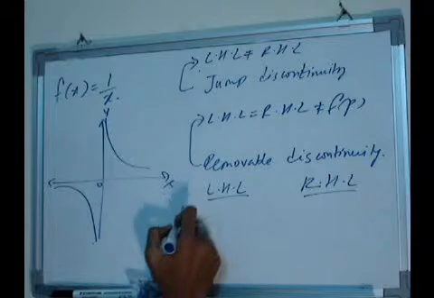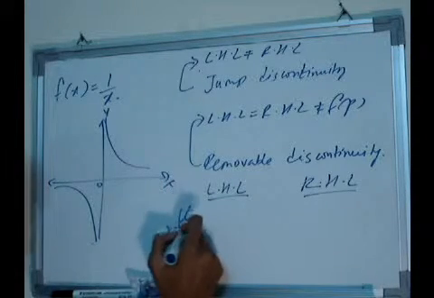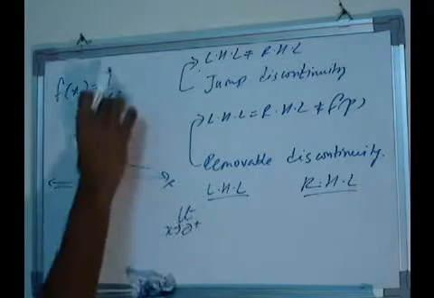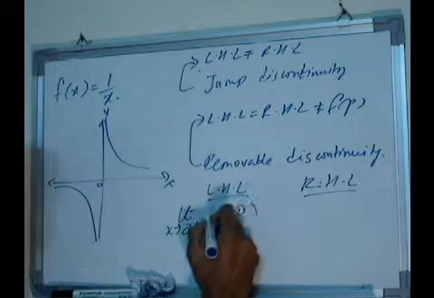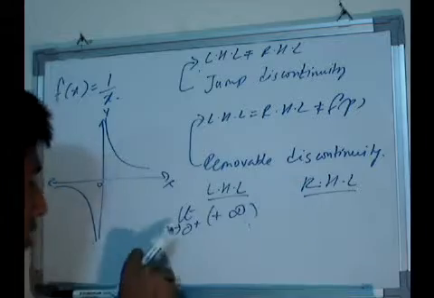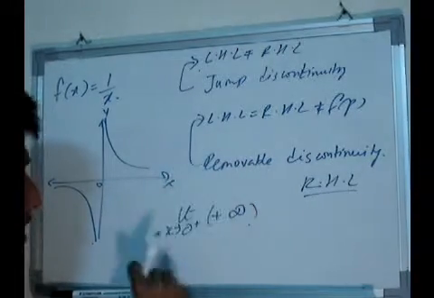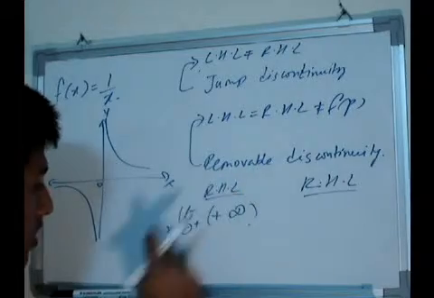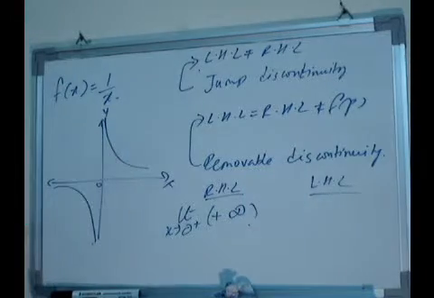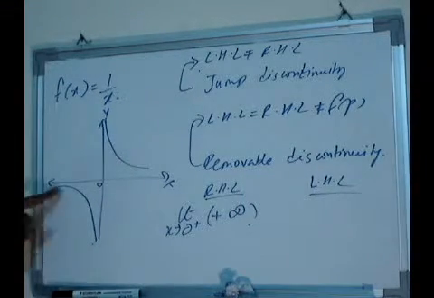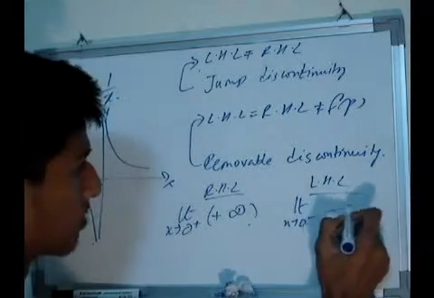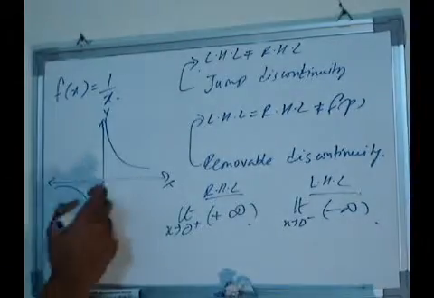Over here, if I tend to move towards 0 from the right hand side, the limit of the function is plus infinity. This is under RHL. But if I move the value of x towards 0 from the left hand side, the value is minus infinity, as you can see.